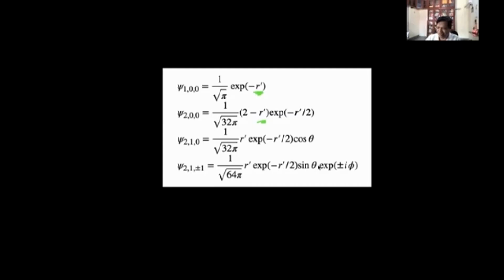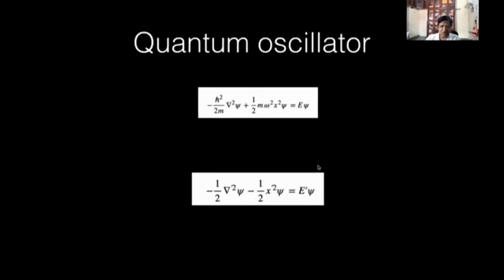There are many examples. One more example is the quantum oscillator. So again, h bar comes, mass, omega, x. So it also has quite a few parameters, h bar, m, omega. So we can non-dimensionalize using a length scale, which comes from here. Square root of h bar by m omega is the length scale.